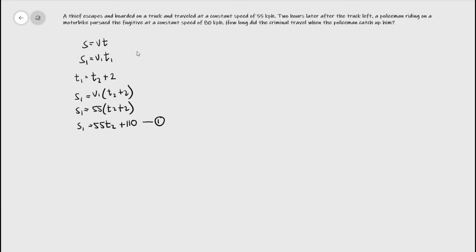Therefore we will also use this equation for the policeman. Let's say S sub 2 is equal to V sub 2 t sub 2, and for S sub 2 we have here the velocity of the motorbike is 80 km per hour, and we do not know the time. Okay, that is t sub 2. Let's say this will be our second equation.